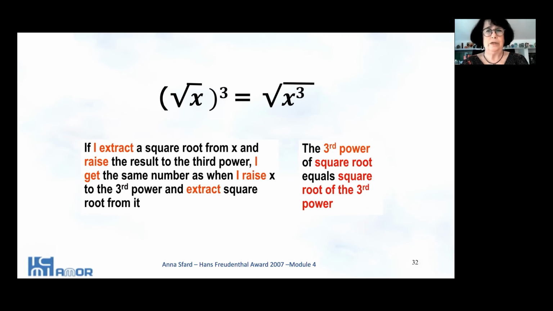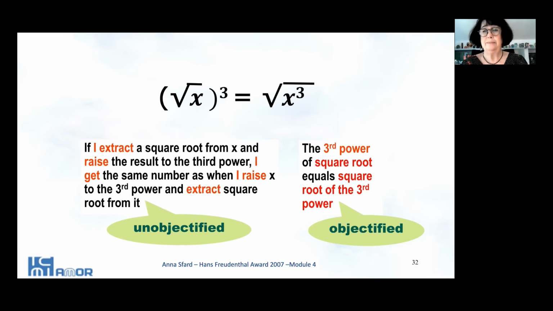When you look at the words in red, you realize that the expression on the left is mainly about human operations. I extract, I raise, and so on. Whereas the one on the right is about objects, third power, square root, etc. Thus, this one is objectified, whereas this one isn't.